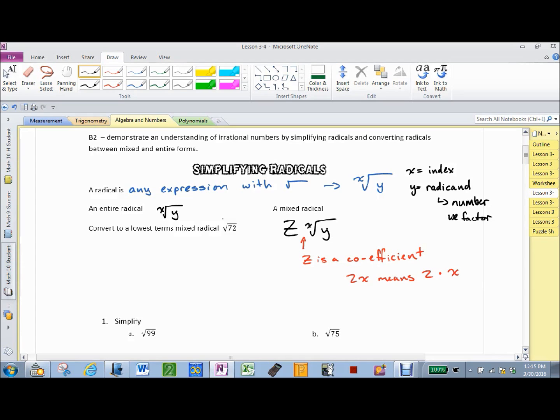With what device? Your calculator, because there isn't a square root of 72, is there? So if I say to you, hey, what's square root of 72? You'd go square root 72, get 8.485, and so on. Everybody right? That's what we do, agreed? That's not what we do in math anymore. Why? Can anybody guess?